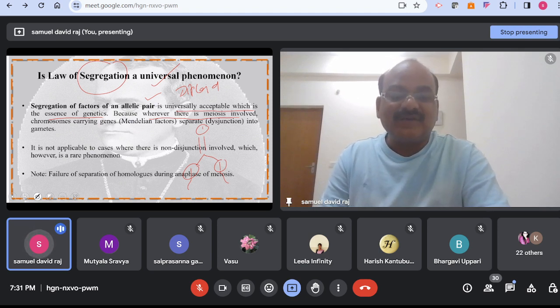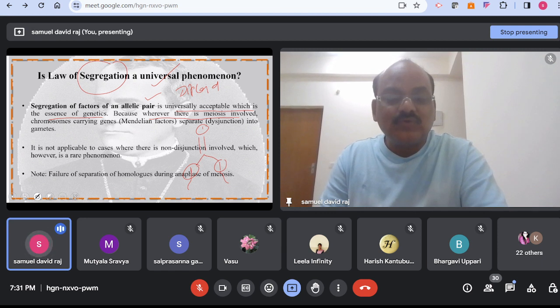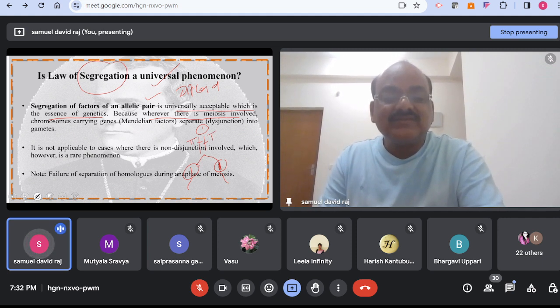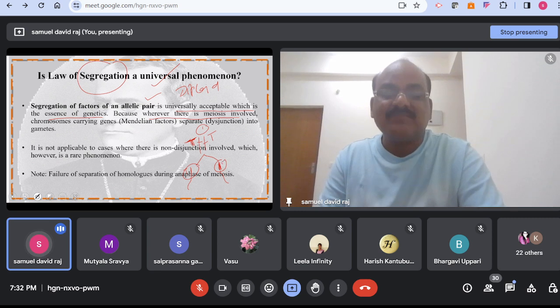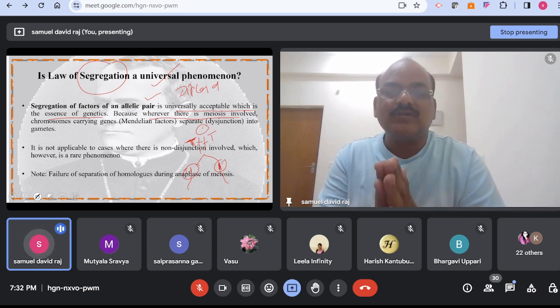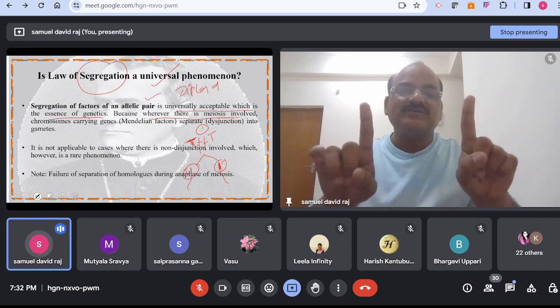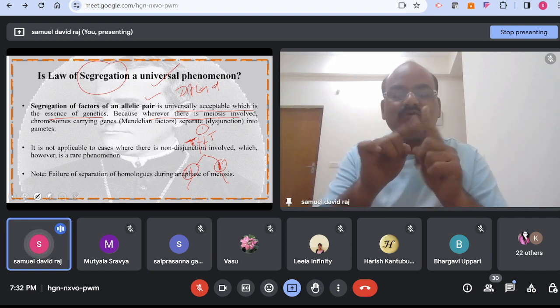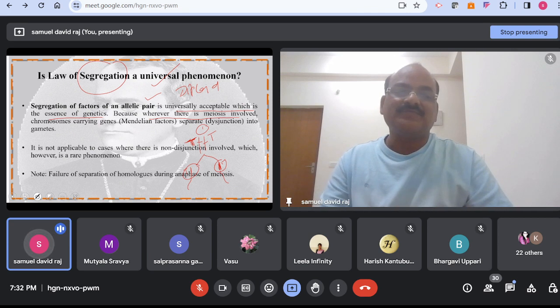Likewise in the female also. When the chromosome goes into the gamete, the gene carried by the chromosome also goes into the same gamete. Thus, because there is meiosis involved, as chromosomes are separated, the genes carried by the chromosomes are also separated.